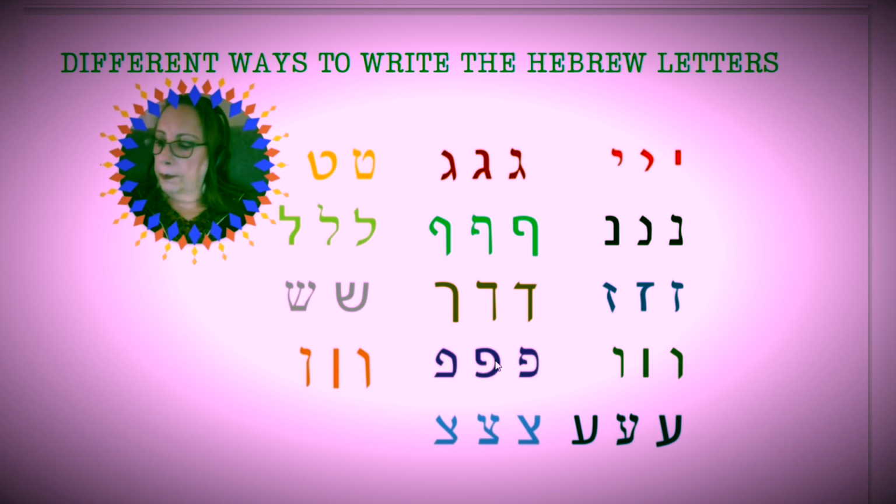And here's pay, three different ways of writing it. There's not much difference there. You could recognize them when you see it. And here is noon, three different ways. One is straight, straighter at the top. This one a little curved. And we have ayin.